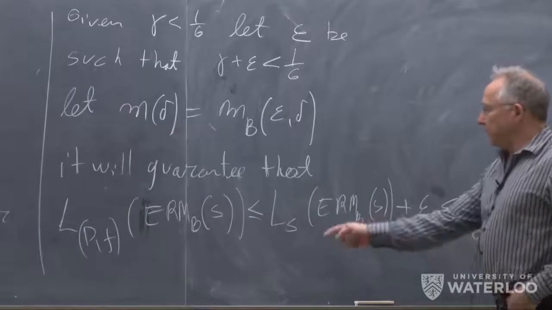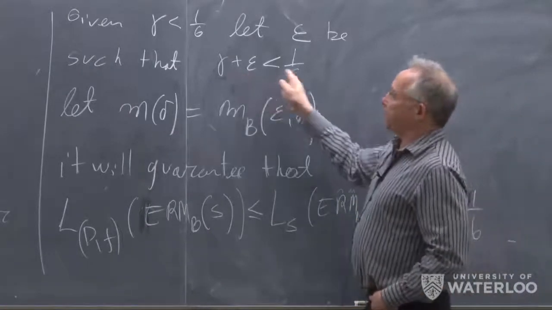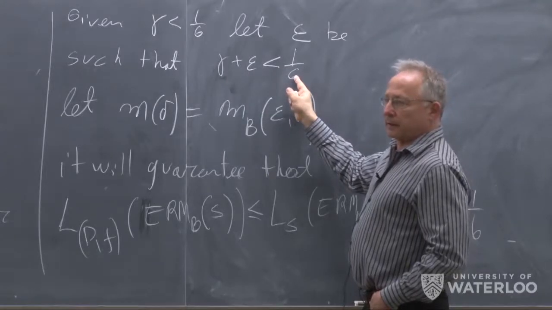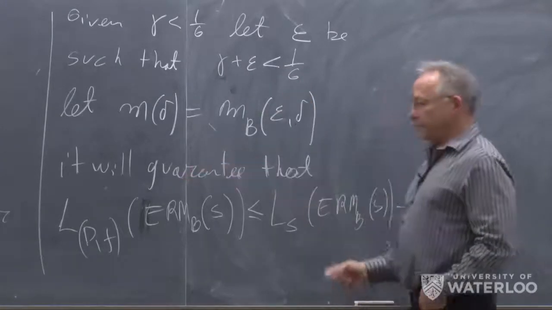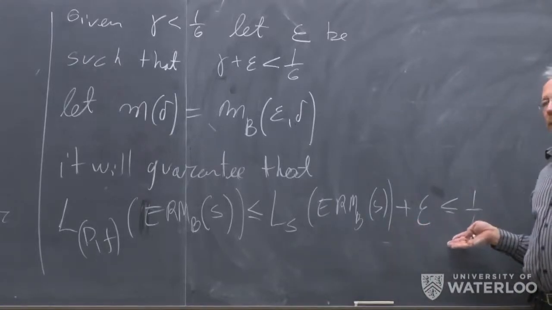Because we know that gamma plus epsilon is at most 1/6. I picked gamma small enough such that when I add this epsilon, I will not go over 1/6.